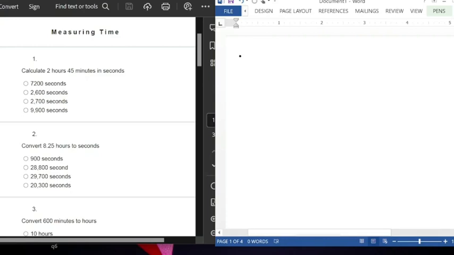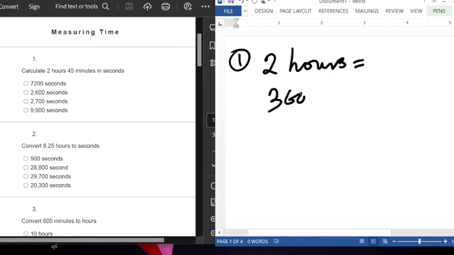So we want to calculate 2 hours 45 minutes in seconds. The first thing is let's change the 2 hours to seconds. Now, the unit of changing from hours to seconds. So how many seconds make an hour? We have treated that, and that is 3,600 seconds equals 1 hour, right?